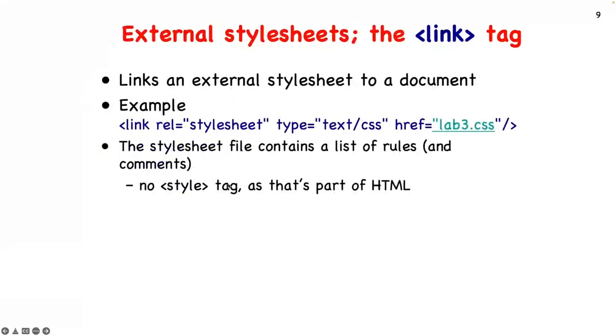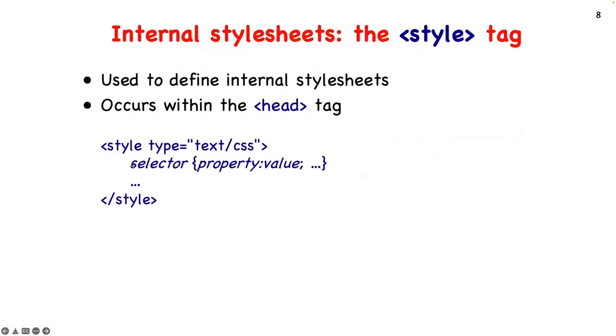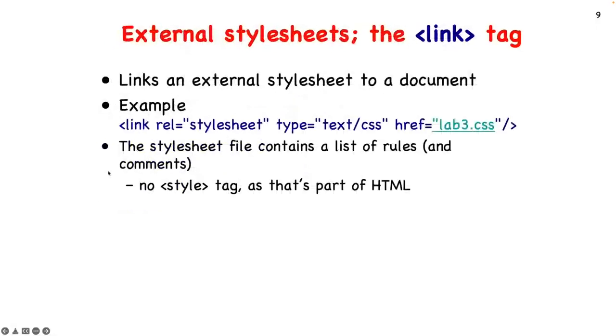So our external style sheet link, like that, is fine, and that contains a list of rules, and what you've got here in between the style and end style tags is the same as what you've got in the external style sheet.